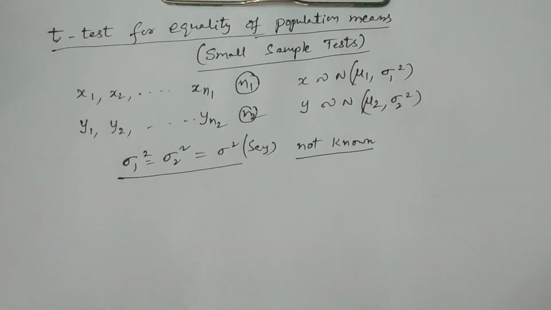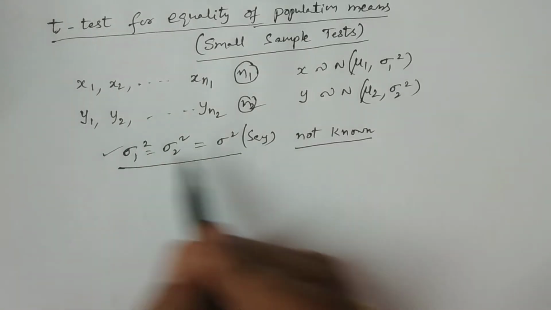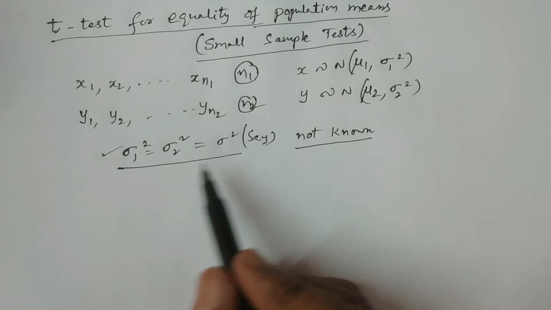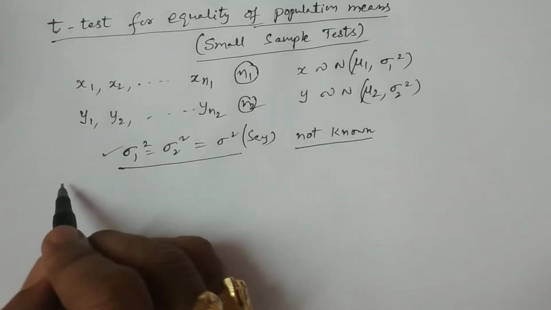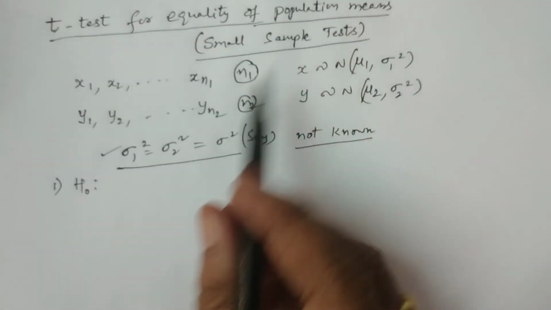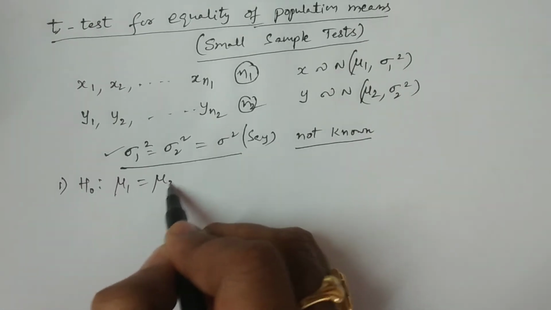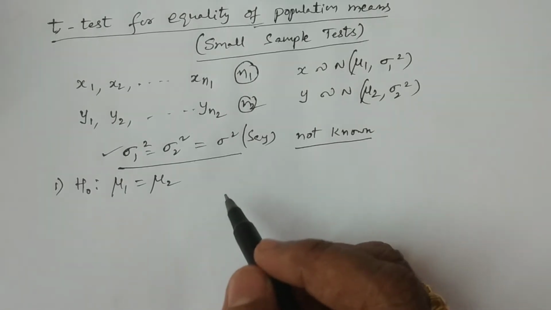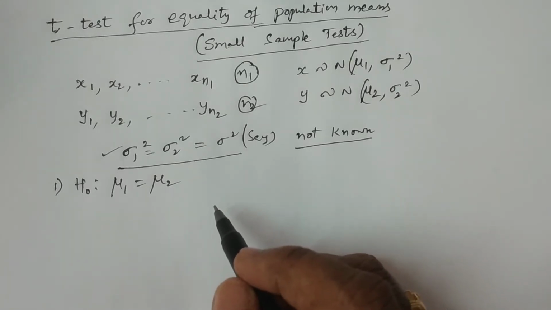So now consider this assumption: the population variances are equal and not known. In such a case, the first point is the null hypothesis H0. I am considering mu1 is equal to mu2, that is, the two population means are equal. That is the first statement. Another statement for the null hypothesis is that there is no significant difference between the sample means.